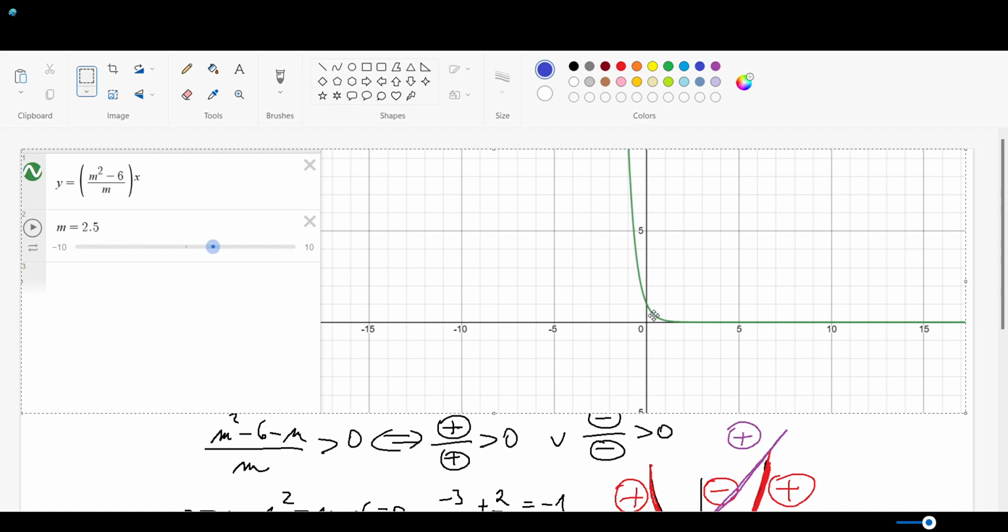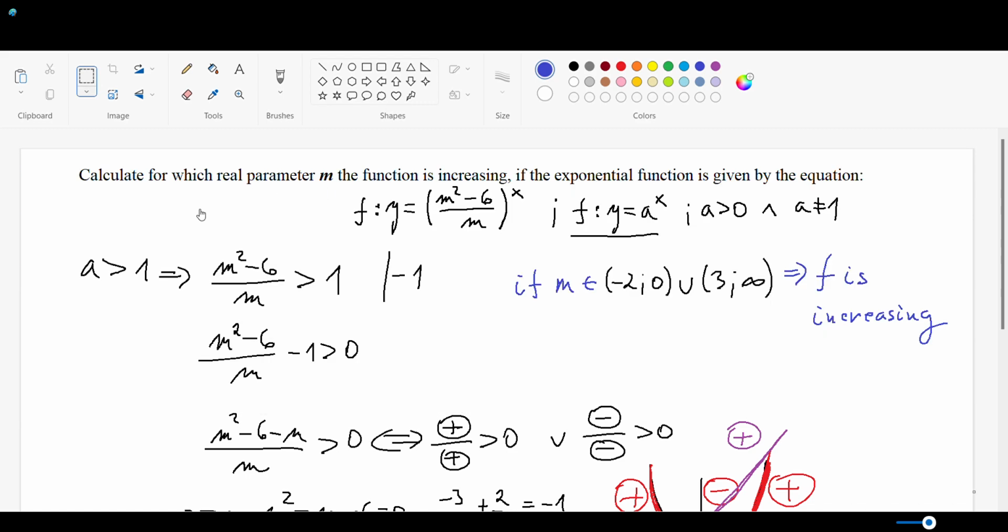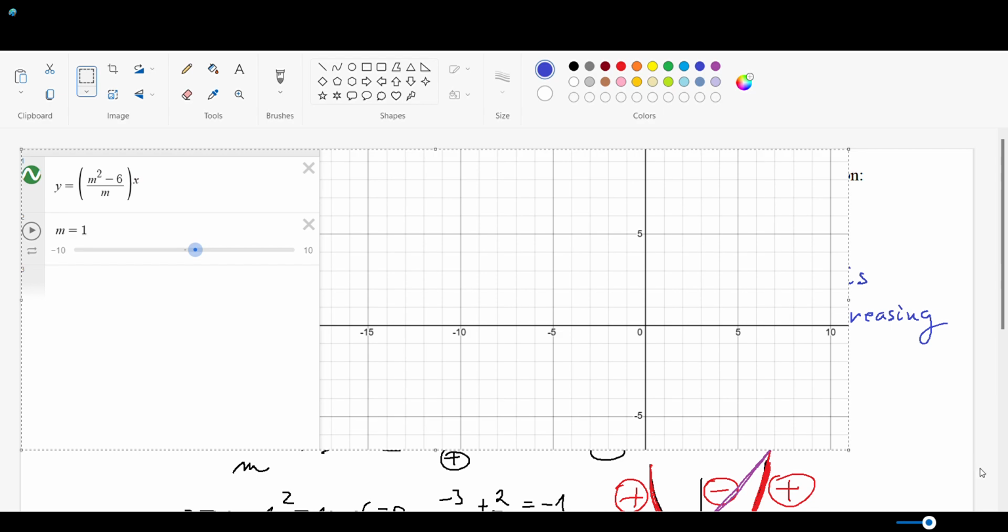Okay, let me show you what will happen if m is equal to 1. Okay, if m is set to 1, then as you can see, there is no graph, so the function is really not defined for m being 1.